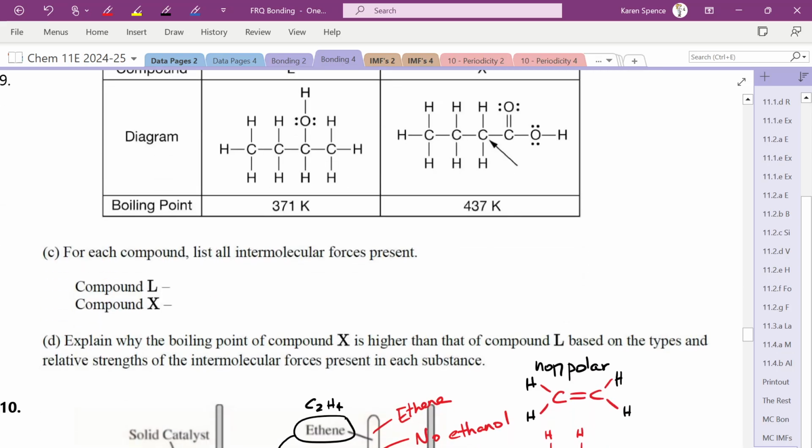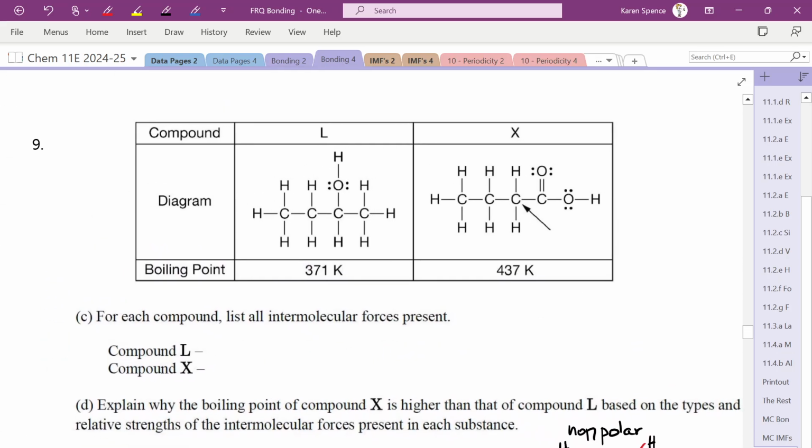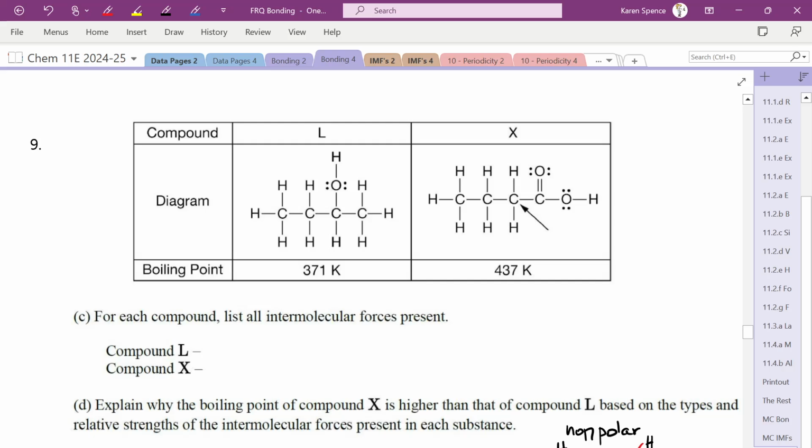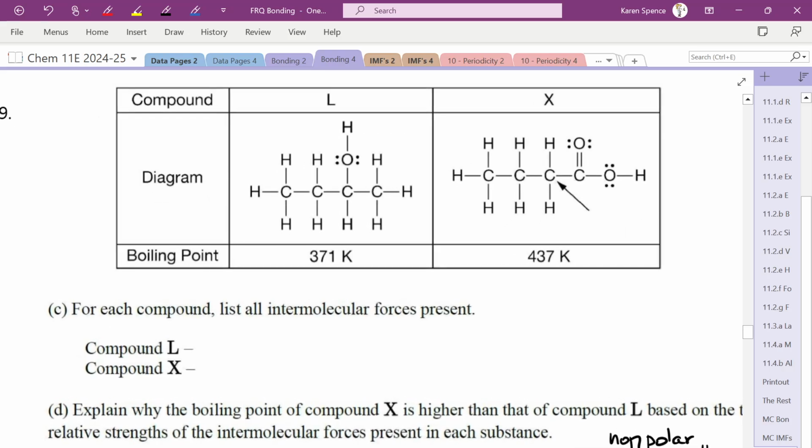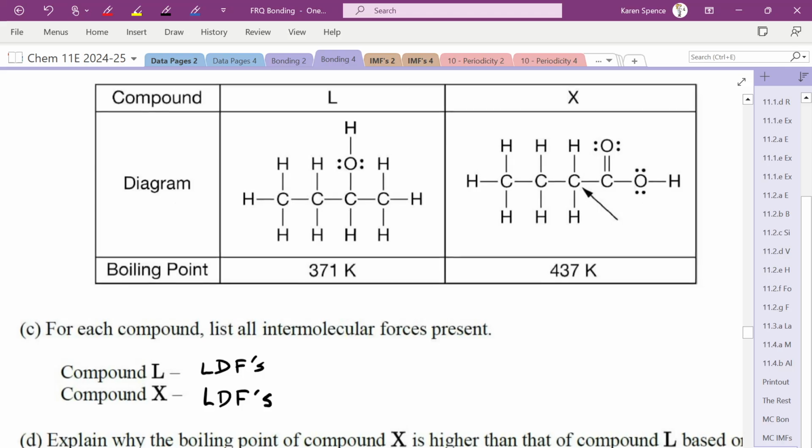Yeah, like right there. Okay, for each compound, list all the intermolecular forces present. So, okay, so we have LDFs in both of them. Why? Because you always have them. And what do we have in this guy here?